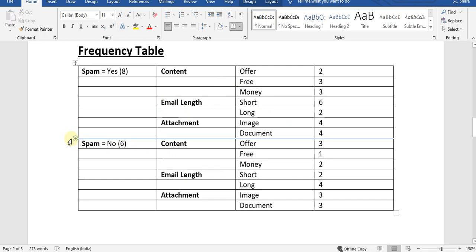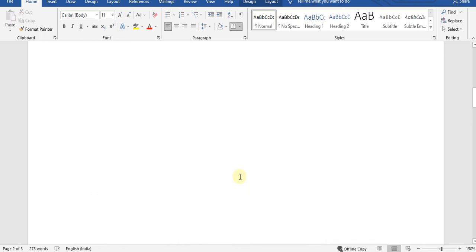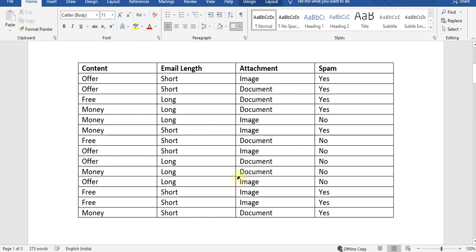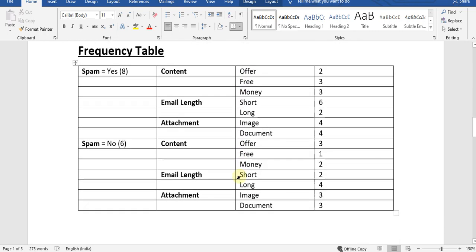So if you follow this frequency table and go to the data table, you will be able to match. So I have just found the number of occurrences of each possible value in each of the features given the different possible target values.